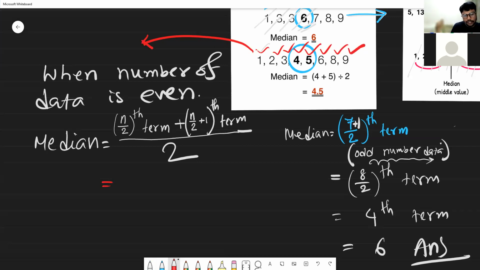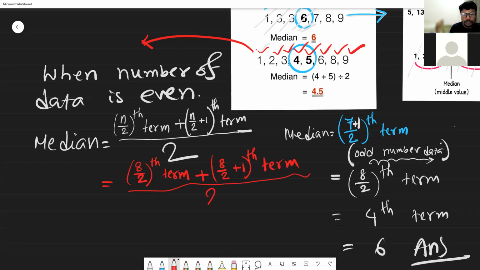Total 8 data. So here 8 by 2 th term plus 8 by 2 plus 1 th term. Clear? Then divided by 2.